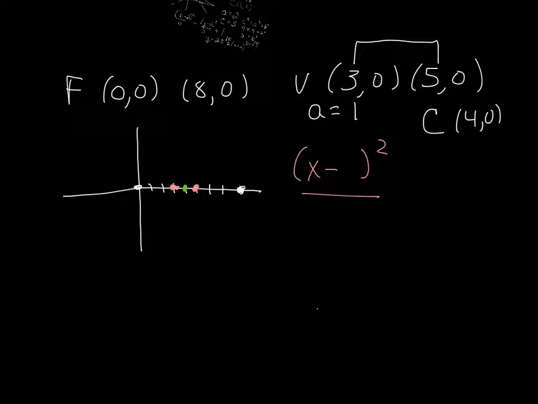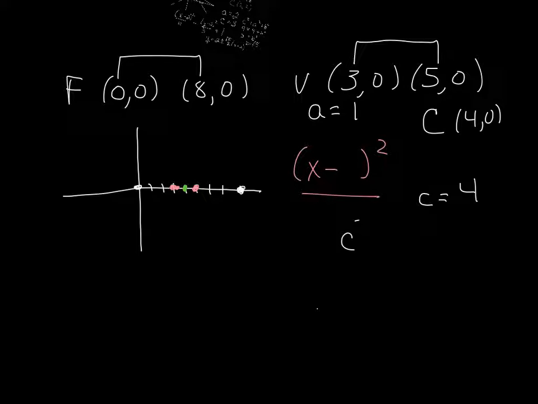Can we figure out what C is? What is C? Not 8. A is 1, C is 4, half that distance.